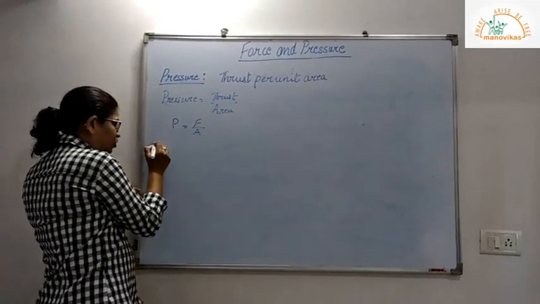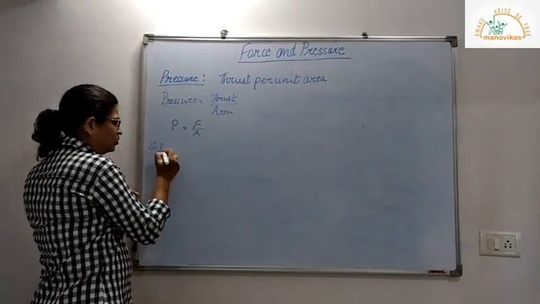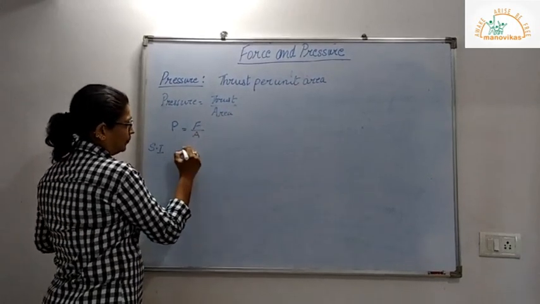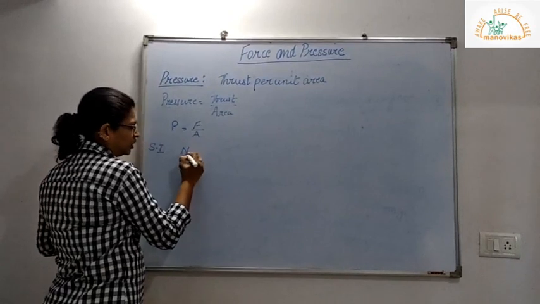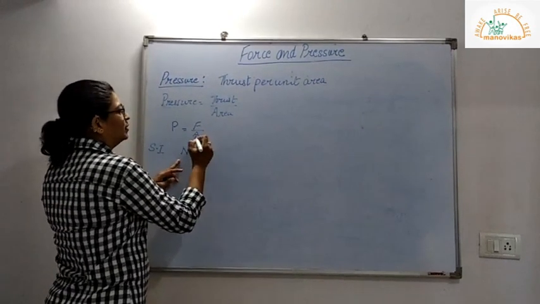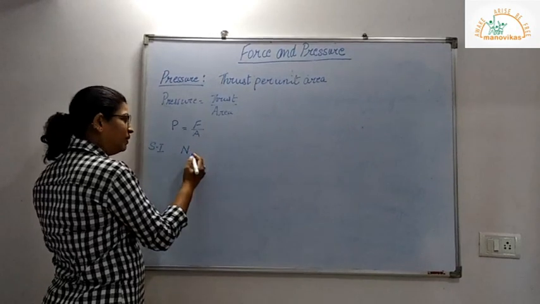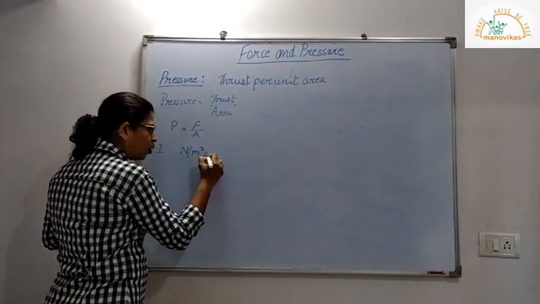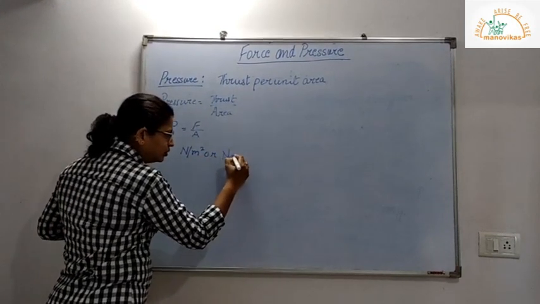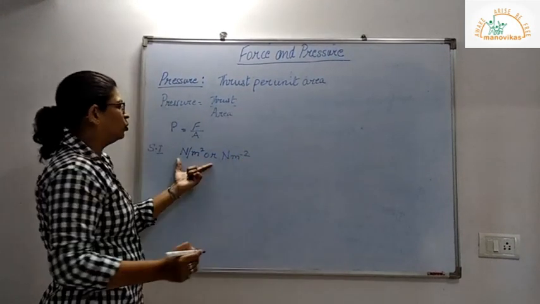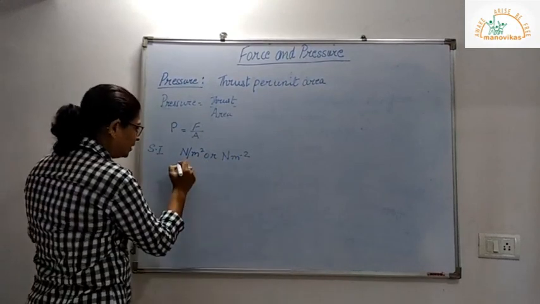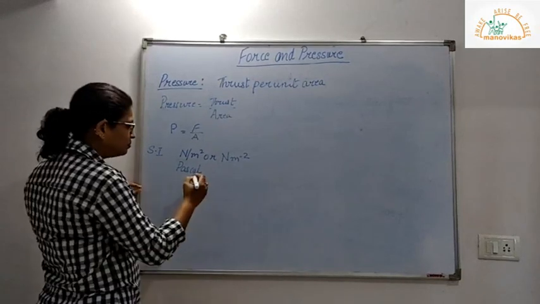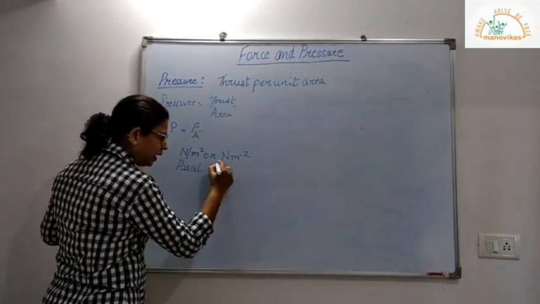Now the SI unit of pressure. The unit of force is Newton and the unit of area is meter square. So it is Newton per meter square. Newton per meter square is nothing but Pascal, and the symbol for Pascal is Pa.